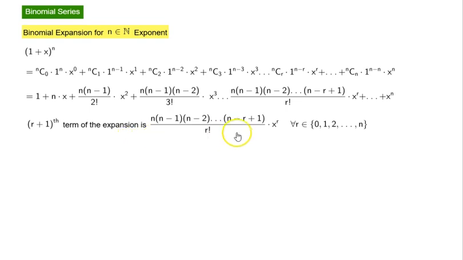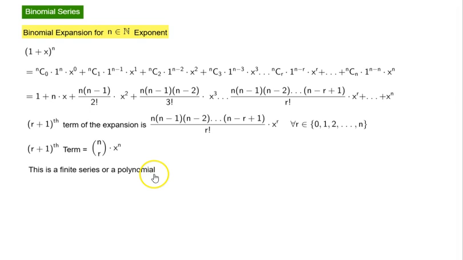The (r+1)th term can also be written in combination form: nCr times x to the power of r. And if you look at this expression, you will note that it is a finite series, or simply we can say it is a polynomial.